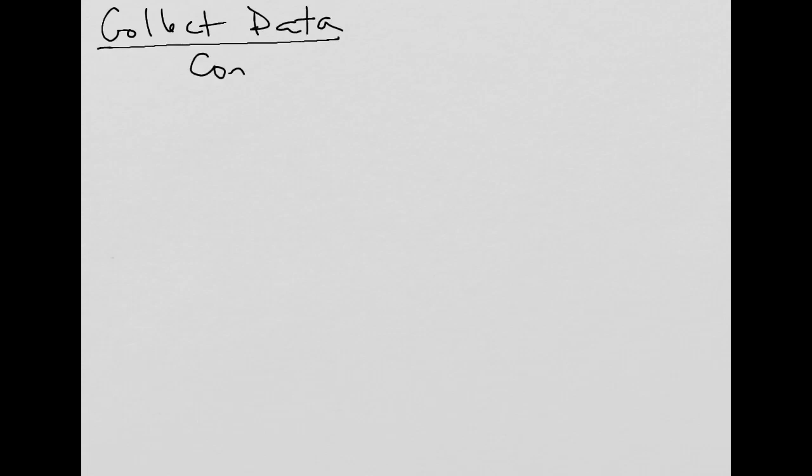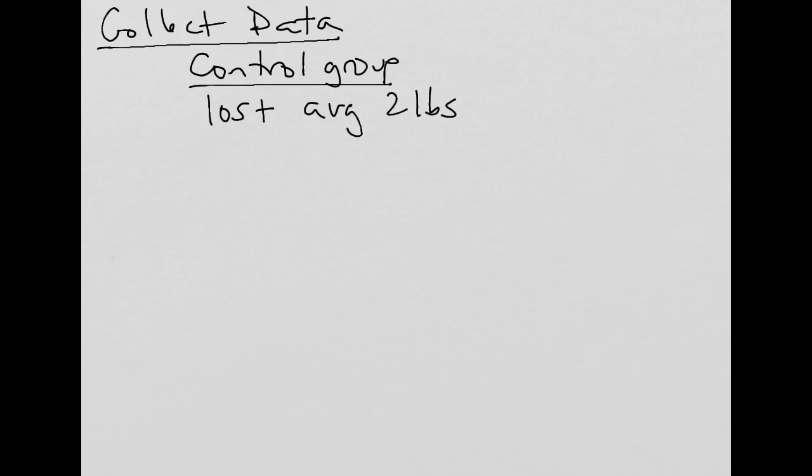All right, so we collect some data, and I'll just make some stuff up here. Let's say that the control group lost an average of 2 pounds, okay, over 1 month.